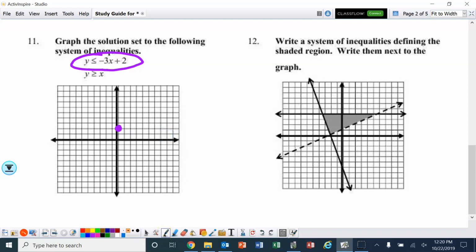And the slope is down 3 over 1. All right. 1, 2, 3, 1. And it's going to be a solid line.